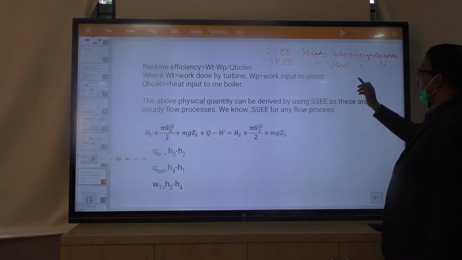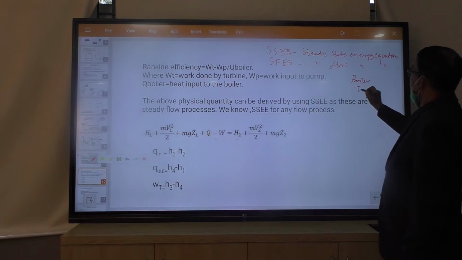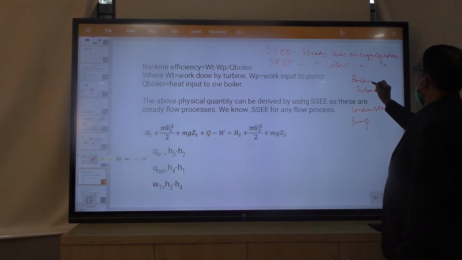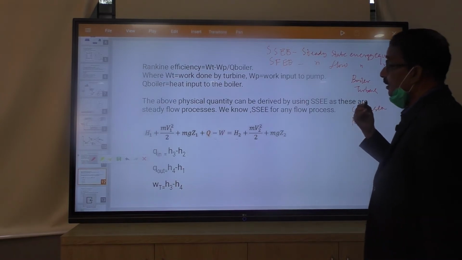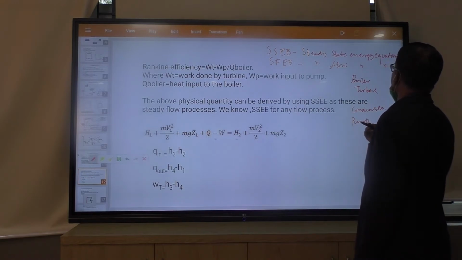All the components in the Rankine cycle, that is boiler, turbine, condenser, and pump, the main 4 components all come under open system. That means mass and heat both transfer across the boundary.